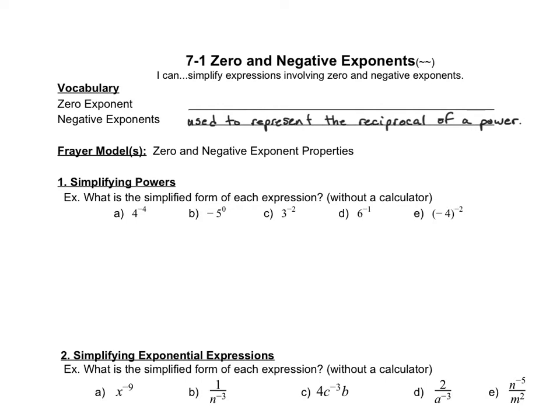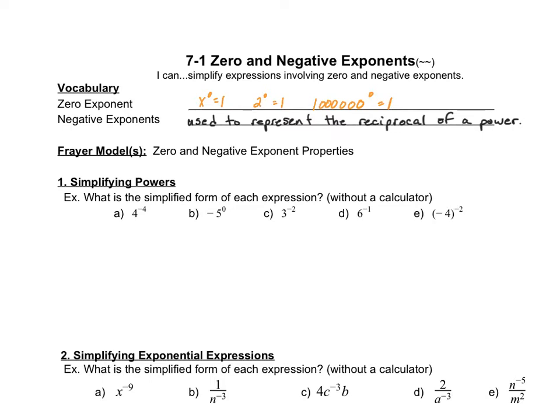So using the simplifying powers, negative exponents again are used to represent the reciprocal of a power, but we're going to talk about this 0 exponent real quick. We can learn that x to the 0 power is 1, 2 to the 0 power is going to be 1, and even 1,000,000 to the 0 power is going to be 1, because anything to the 0 power is the value of 1.